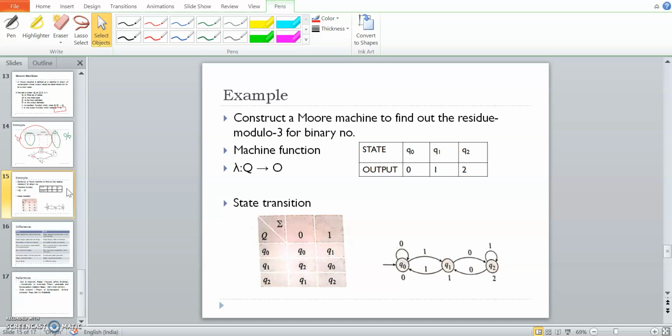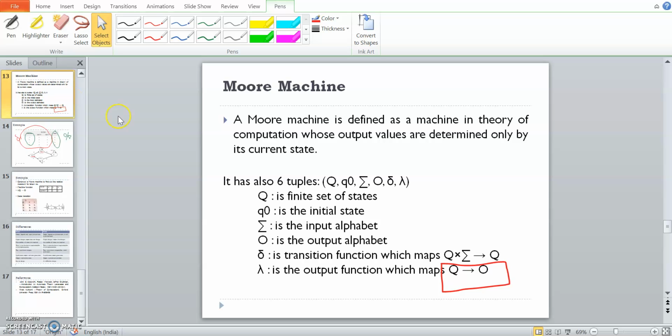Construct a machine to find out the residue modulo 3 for a binary number. We have to solve this using the definition. What is capital Q? How many states are required to solve the problem? What will be the initial state, input set, output set, output symbols, transition, and output function?